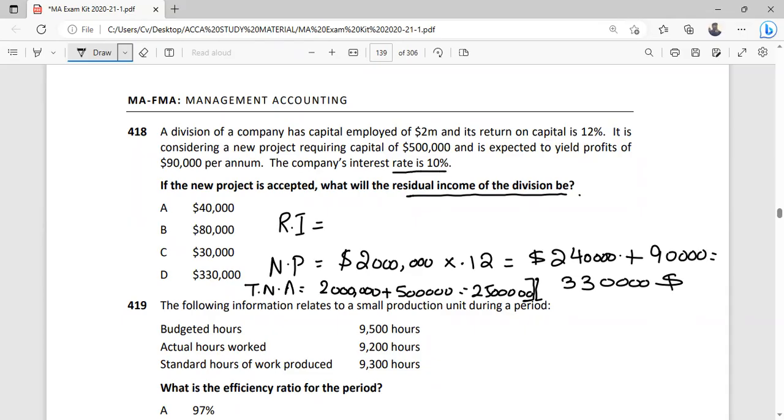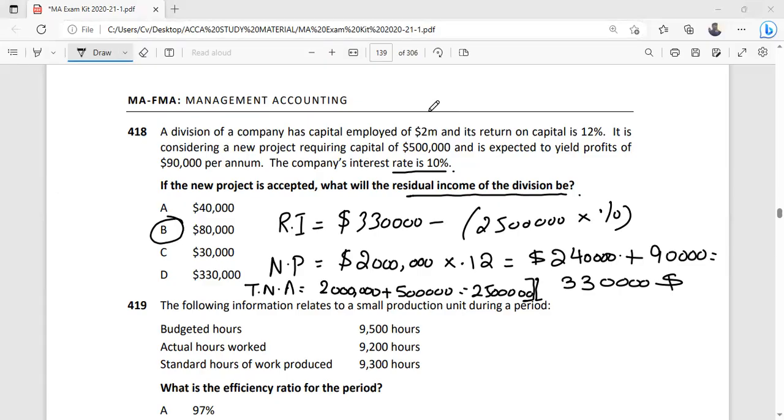The company's interest rate is 10%, so the cost of capital is 10%. So 330,000 minus 2.5 million into 0.1, 10%. So you can calculate your residual income after incorporating the new project. It will be $90,000. Any question?